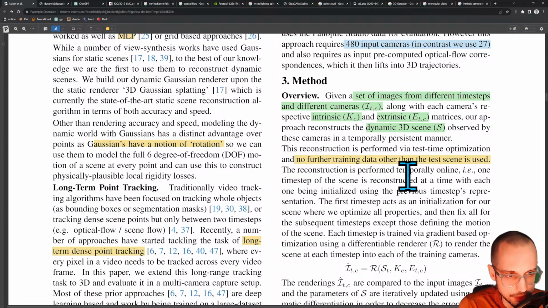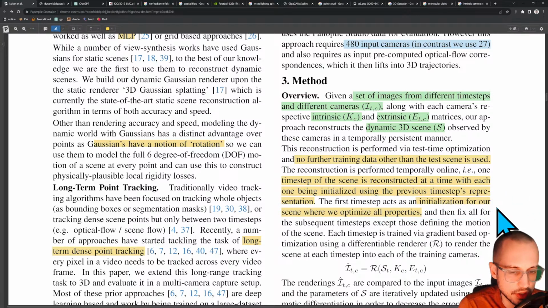The reconstruction is performed temporally online. One time step of the scene is reconstructed at a time, with each one being initialized using the previous scene's time step's representation. Okay, so this is good information to know, is that you're basically building this one step at a time. The first time step acts as an initialization for our scene where we optimize all properties. Okay, so this is kind of the same notion of like the keyframe.